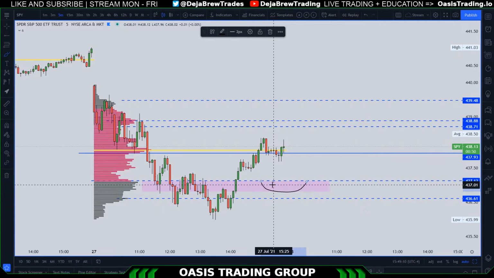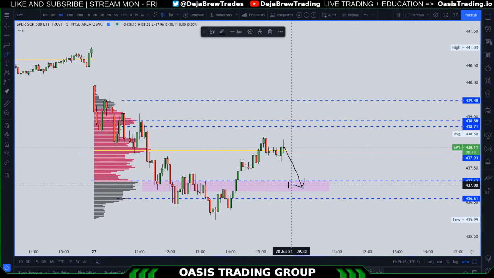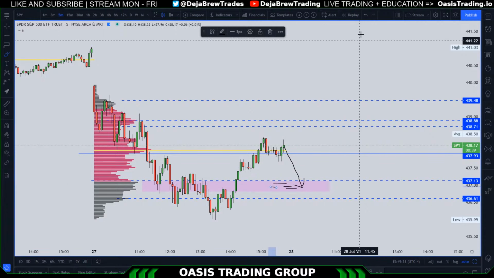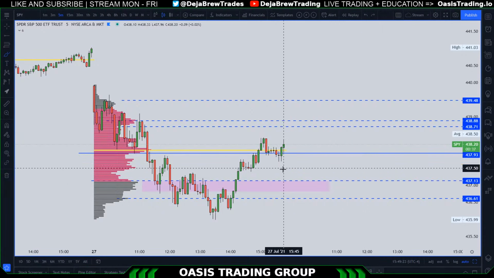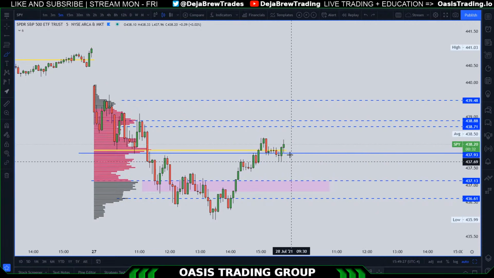So if I was looking to buy this zone here, you wouldn't just go for the sell-off and then limit in. You're not looking to limit in on a node like this. If it's a node directly below the value area low, you're looking for a retrace.